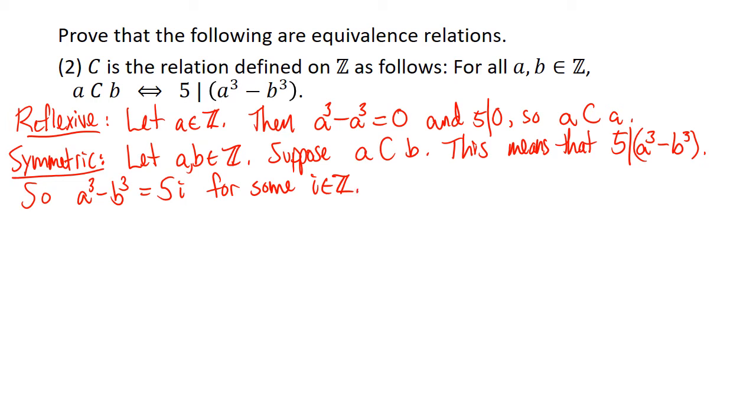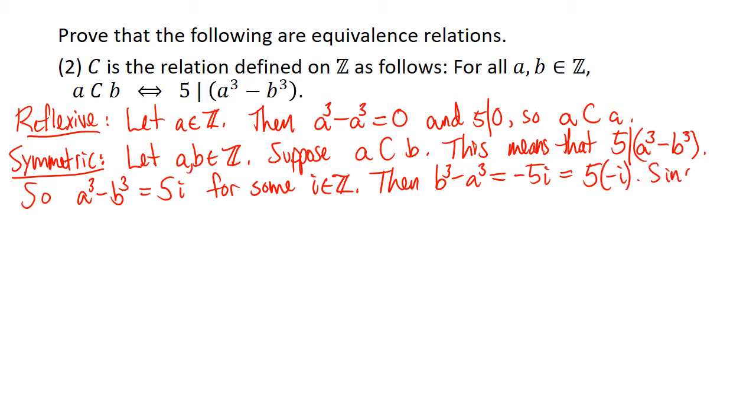Yeah, so then what is b cubed minus a cubed? So that's what I need to find in order to show that b is related to a by C. Okay, so then b cubed minus a cubed is just going to be negative 5i, or I can take a 5 out of that and put the negative i in parentheses.